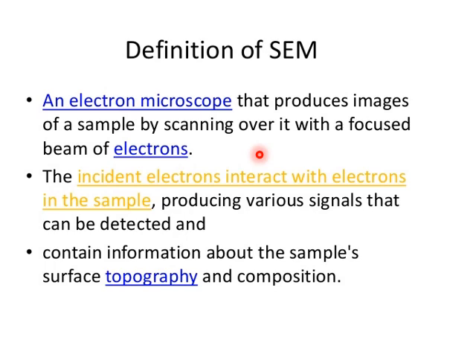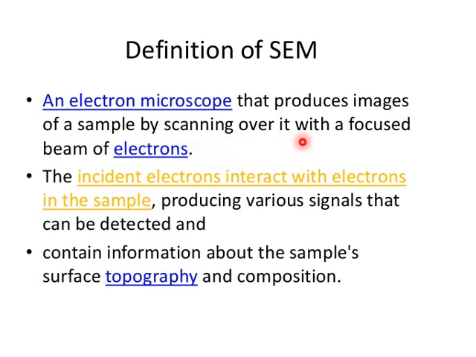Electrons pass through the thin sample there, but in the case of scanning electron microscope, the electrons do not pass through the sample. They are scattered. Secondary electrons are produced. They are scattered from the surface, or they are absorbed on the surface.